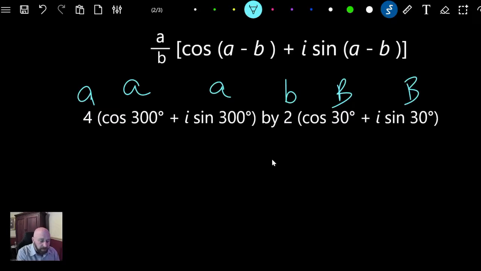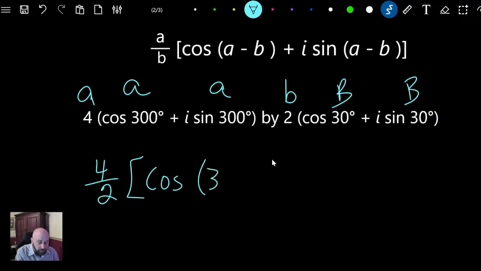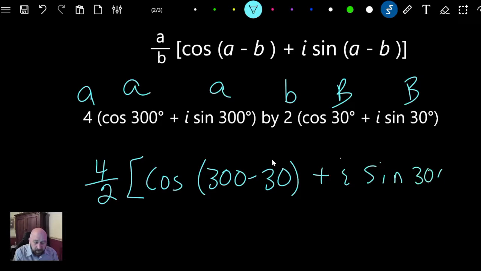So we have A over B, so 4 over 2. And then we have bracket cosine of alpha, 300, minus beta, 30. Yeah, same alpha and beta there. That's good, easy. And then we get the plus, and then we have the imaginary sine of 300 minus 30.